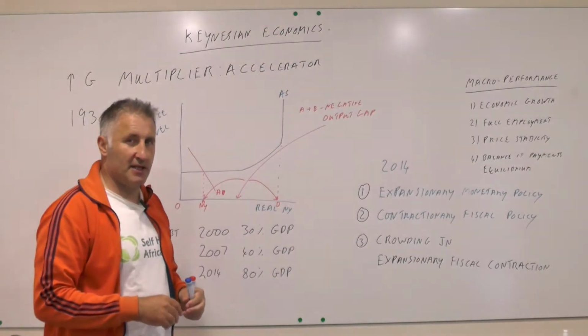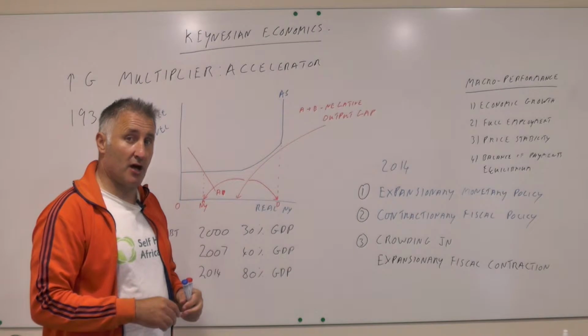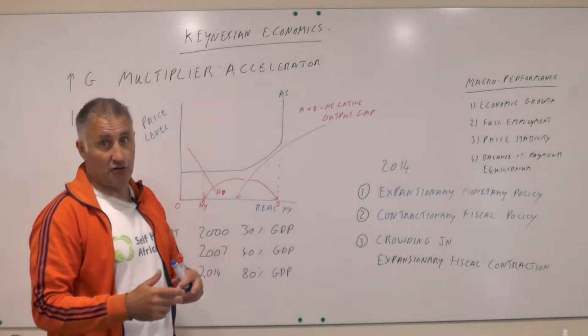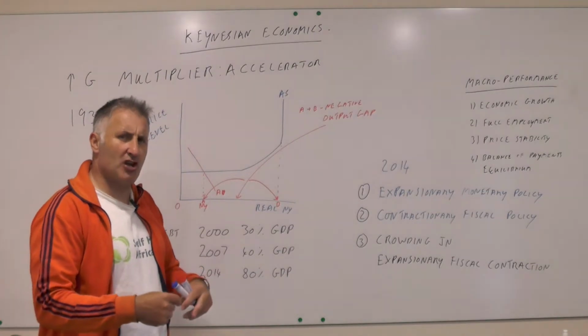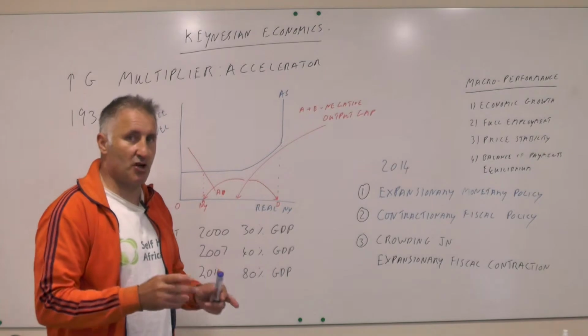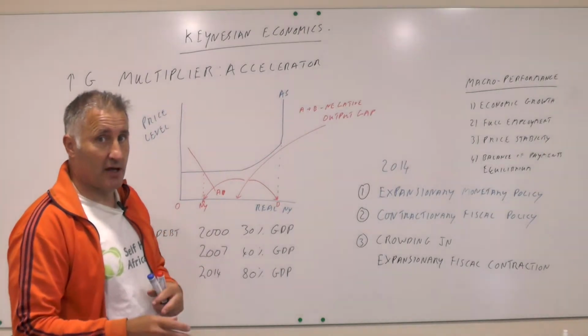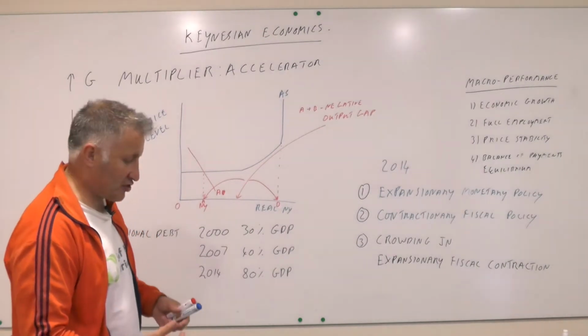That will therefore lead to a rise in AD. When there's a rise in AD, we are going to get a change in demand, and that will lead to a much larger rise in investment. That is the accelerator, and when investment goes up again, we're going to kick off the multiplier again, so we get this multiplier accelerator interaction.